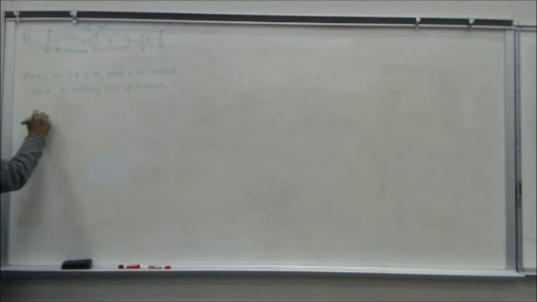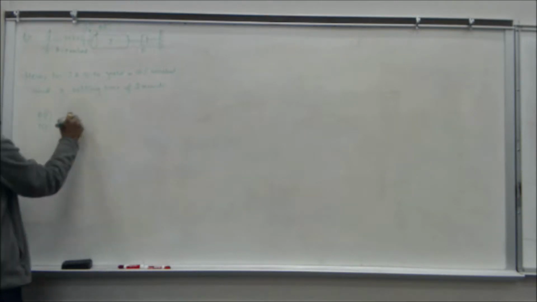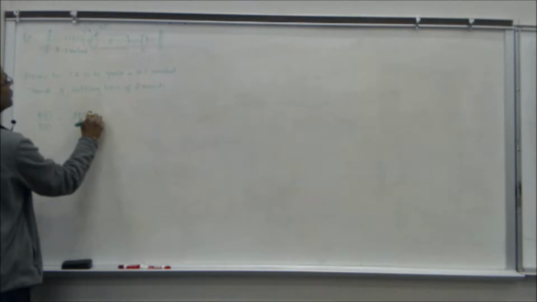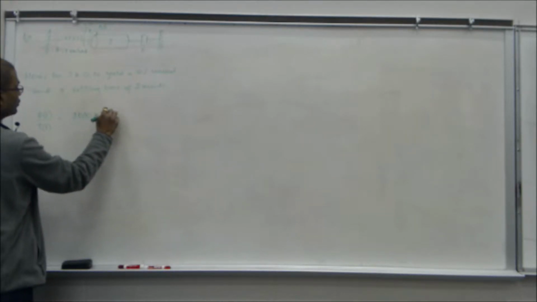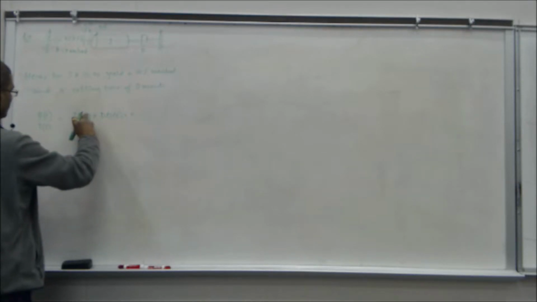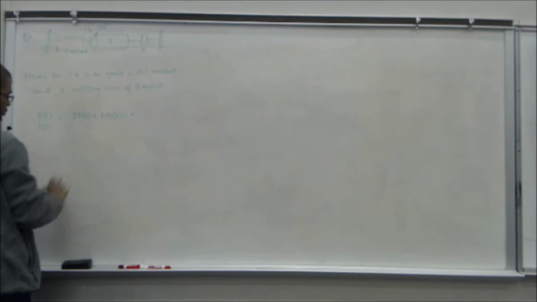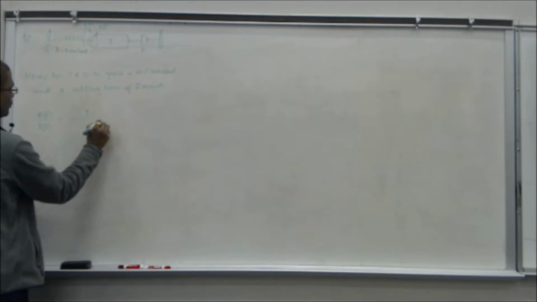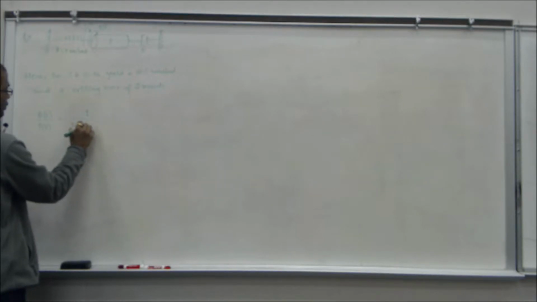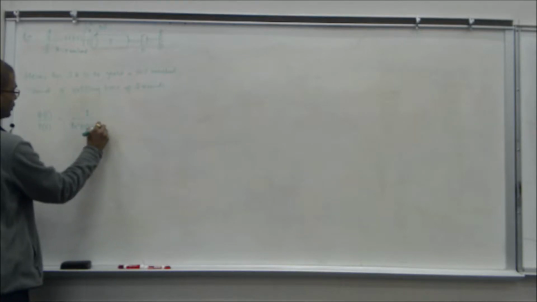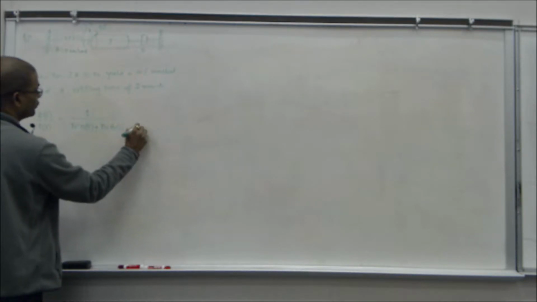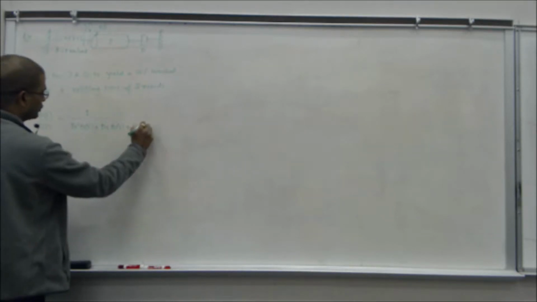So we have theta(s) over T(s), from J theta double dot plus D theta dot plus 5 theta equals T, which in the s-domain is J s square theta(s) plus D s theta(s) plus 5 theta(s). Right?